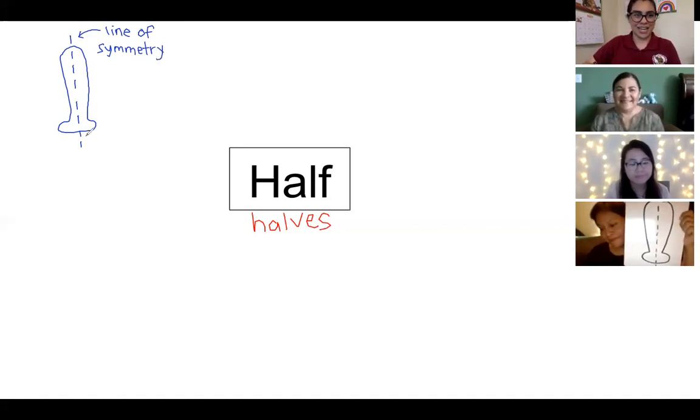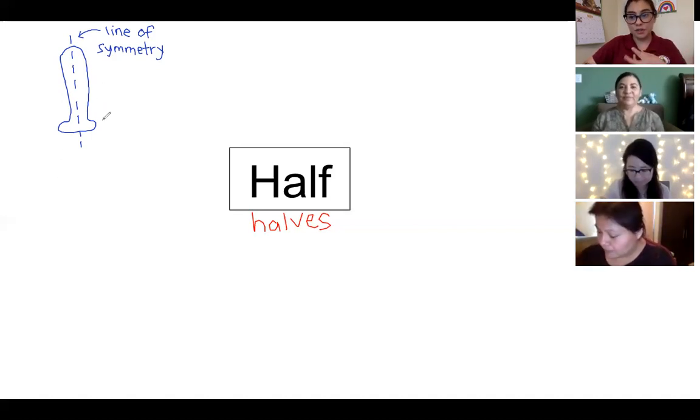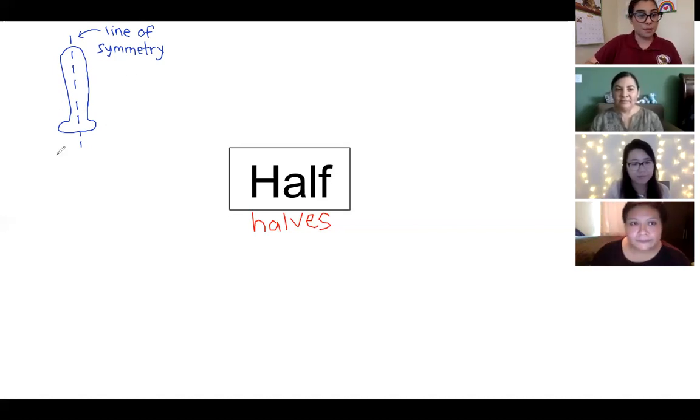And I did too. I recreated it here so that you can see a bigger picture if you couldn't see Ms. Rosales' beautiful drawing. So she drew a baseball bat and then the line of symmetry right down the middle, cutting it into two equal pieces. If we were to fold this object at that line of symmetry, we would know that this part of the baseball bat is the same as the other side.